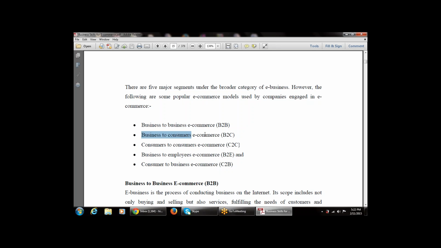One is business to consumer, B2C. Then consumer to consumer, C2C. Then business to employees, B2E. Then consumer to business, C2B. So these are the 5 categories of e-commerce, and these are very important categories.